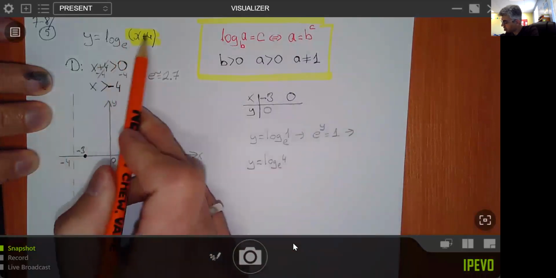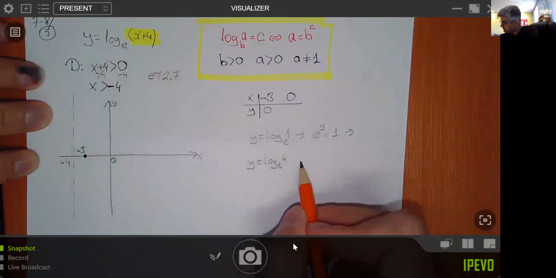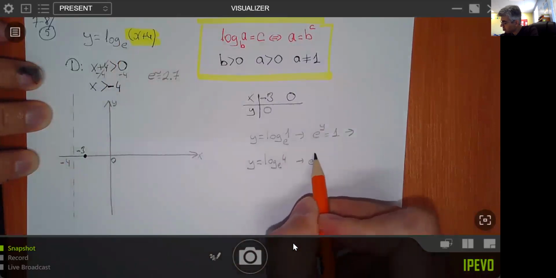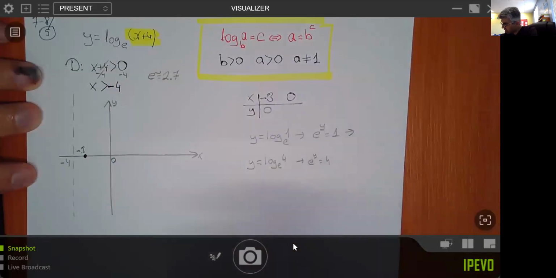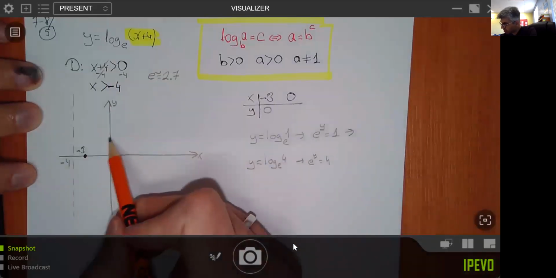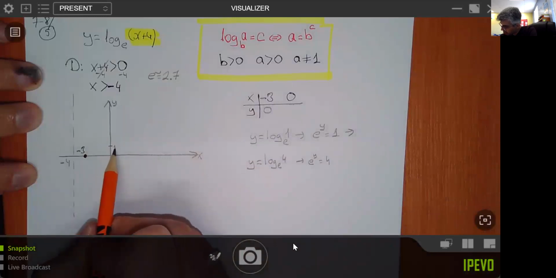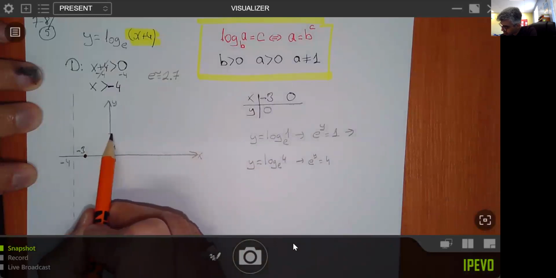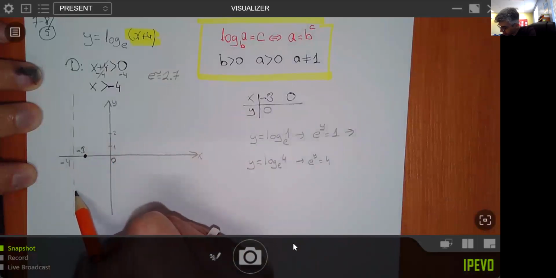So 0 plus 4 is 4. Base is e. Well, e to the power of y is equal to 4. e is 2.71. I don't know the exact value, but it is a positive value. I know it is greater than 1, less than 2, somewhere between. And I have this one as a graph, guys.